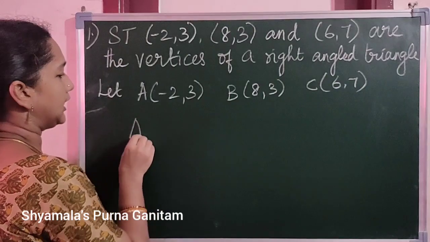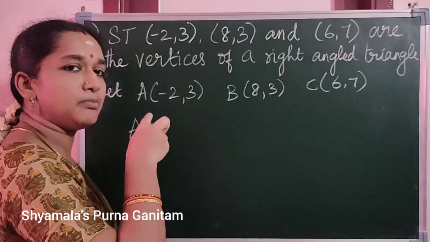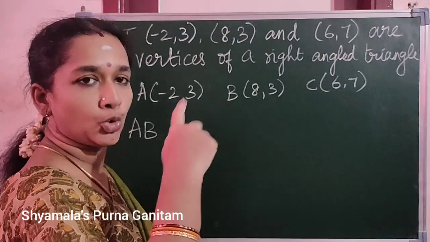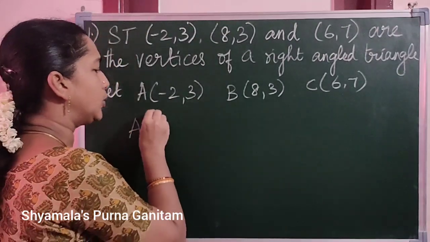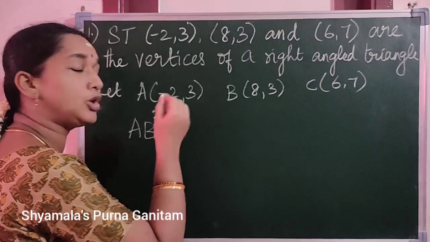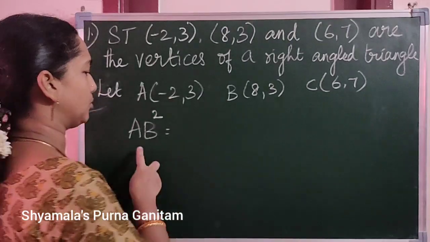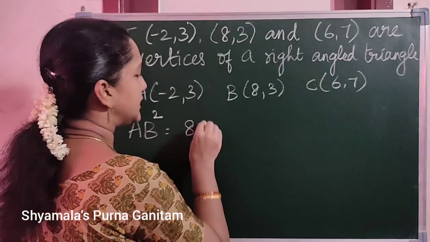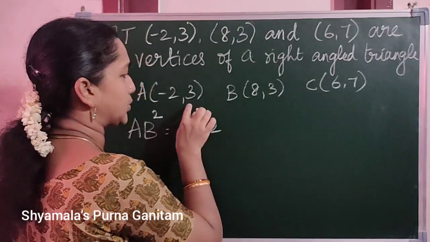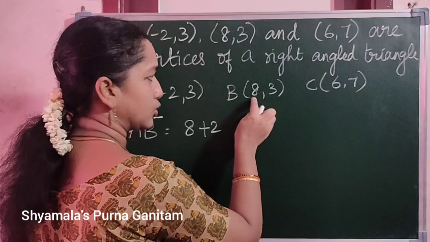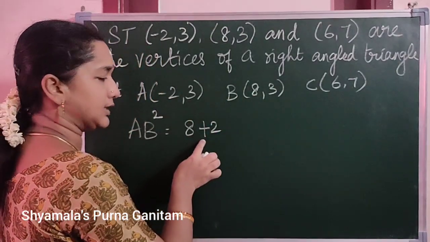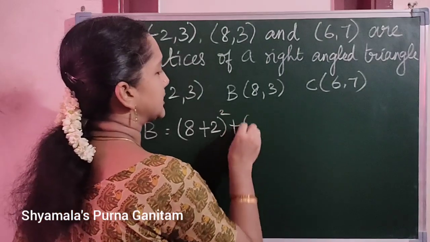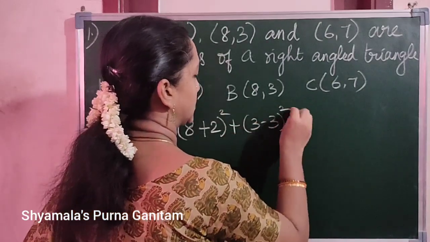Now AB. We'll be doing AB squared, so that root you won't be getting in the distance formula. So AB squared is equal to (x2 minus x1) the whole square plus (y2 minus y1) the whole square, where this is x1, y1 and this one is x2, y2.